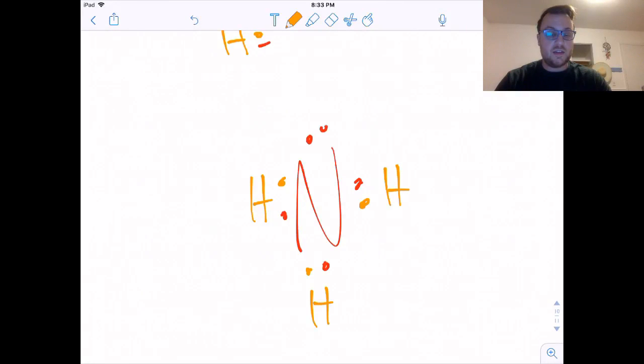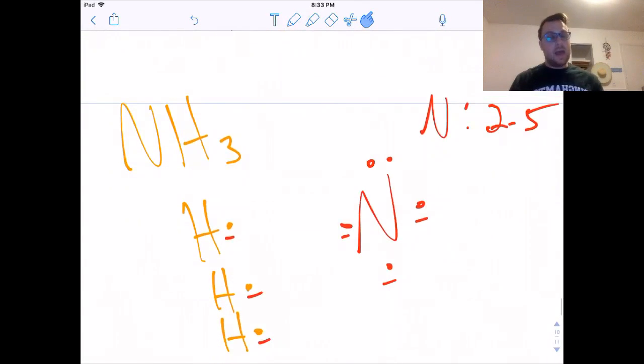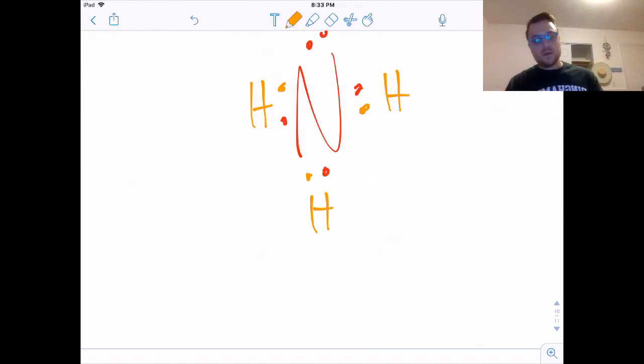Draw them as individual atoms, and then just pair up the lonely electrons with each other. When you have 1 lone pair on your central atom, and you have those 3 other ones surrounding it, this is called a trigonal pyramid. I can't spell. Let's try again. Trigonal pyramid.